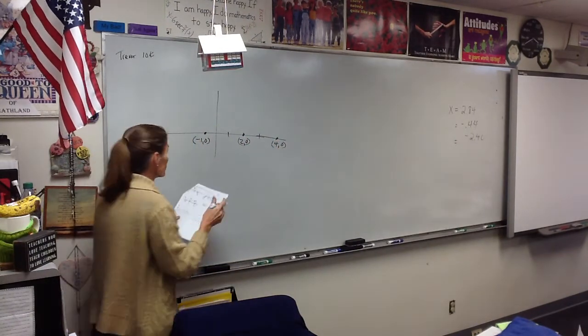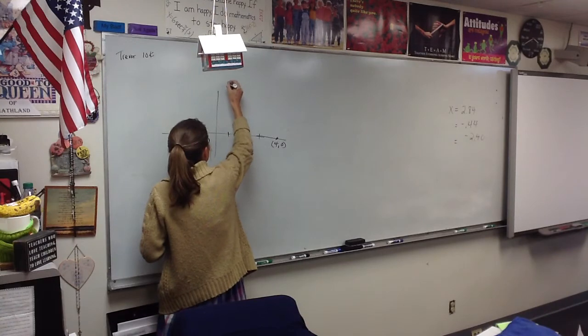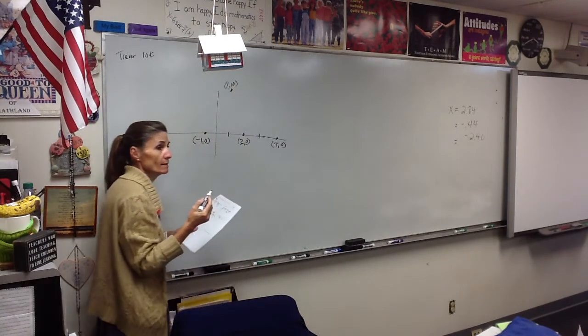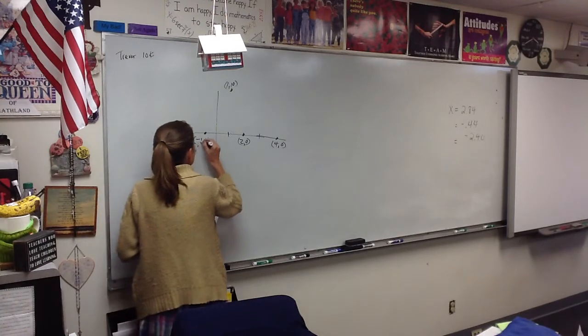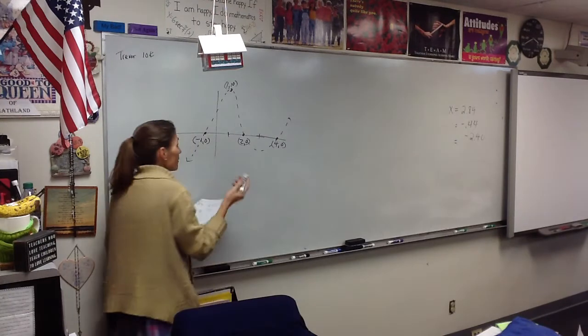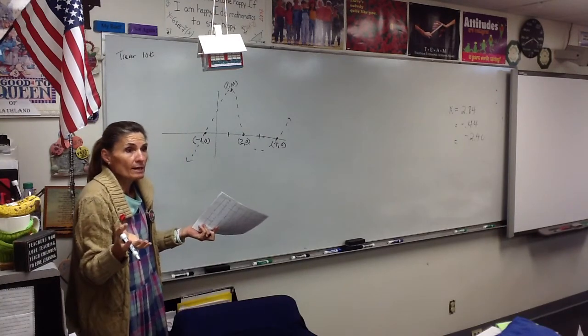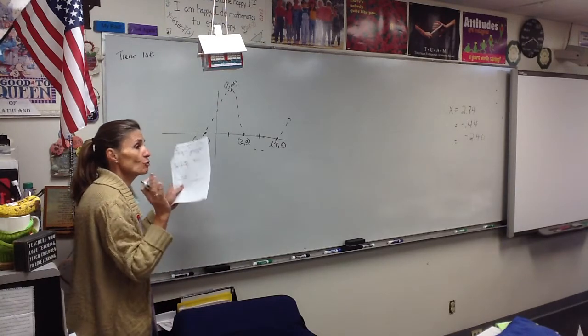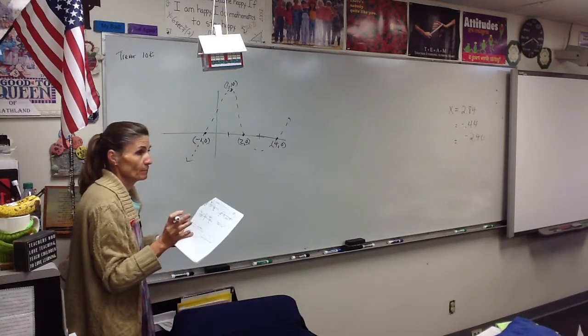And it contains the point (1, 10). So I don't know what it looks like. I'm going to go ahead and just dash in something. It could look like that, right? That would be something it could look like. But my job is not to graph it. My job is to write its equation.